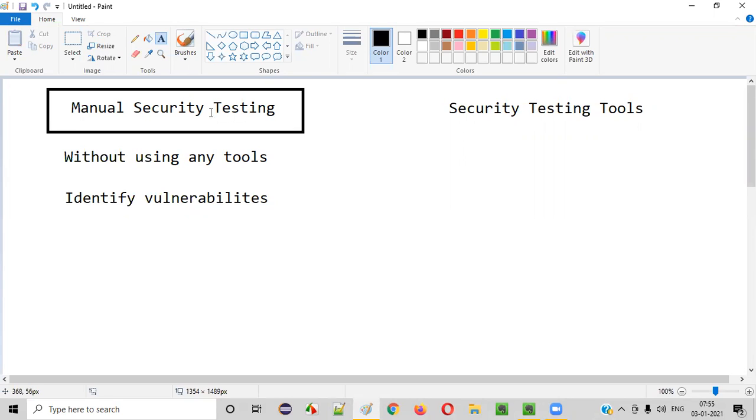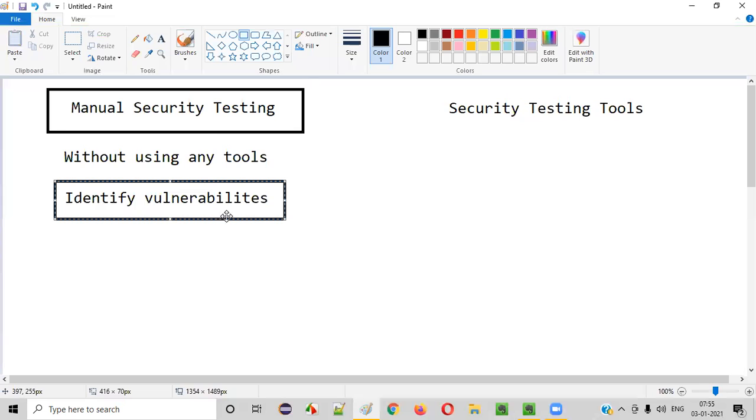Instead, you are like a normal person, just sitting before the system, opening the application that needs to be security tested, and then applying all the techniques that you have in your mind, and as a result, you are identifying some security loopholes or vulnerabilities in the given application in a manual way. So this is known as manual security testing.